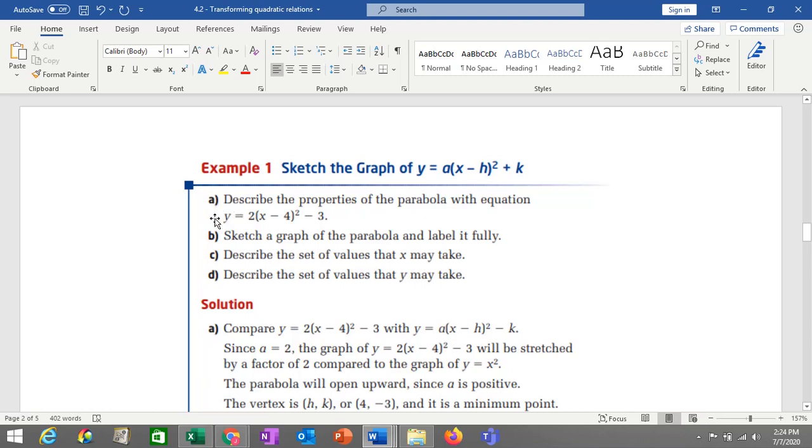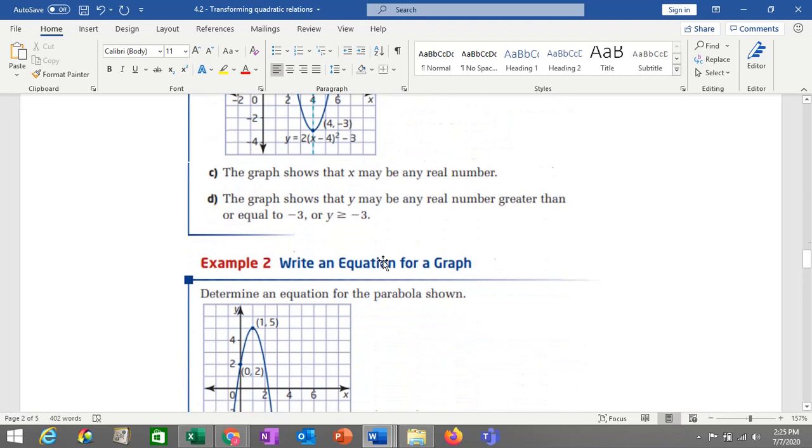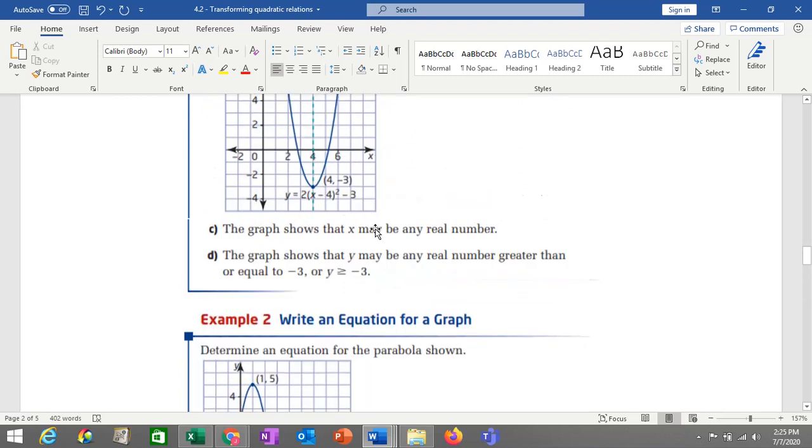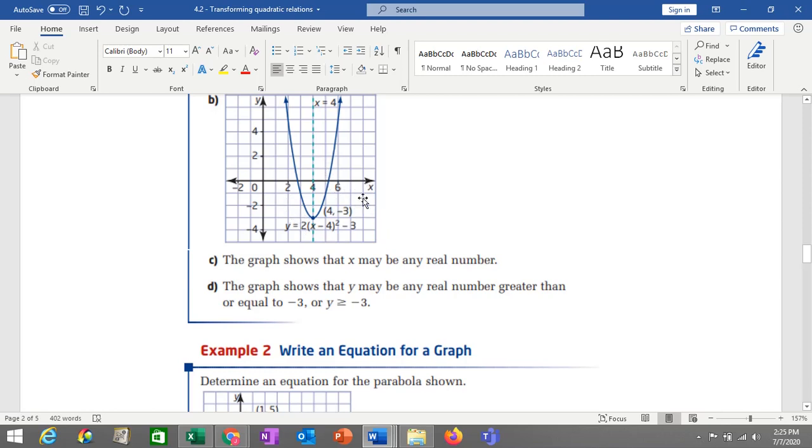And so negative 3 is the lowest it can be. If it's negative 3, this 3 comes over and cancels it out exactly. If it's negative 4, this 3 will come over and I'll still have negative 1 left. I'll have a negative number. So I can't take the square root of a negative number and get another real number. So y has to be greater than or equal to negative 3. Again, if that's confusing, just look at the graph. It's really easy if you look at the graph.